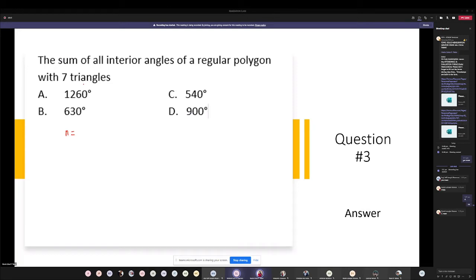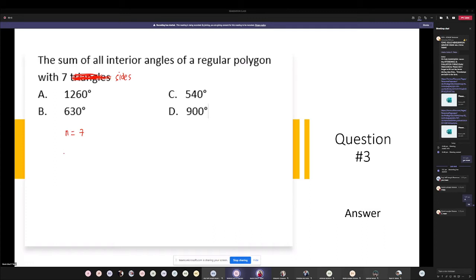So it says 7, no? 7 triangles. I have not given the formula for that, that's for another property. Let me just change this first to 7 sides. Sorry for the typos. So 7 sides. Okay, so meaning n is 7.